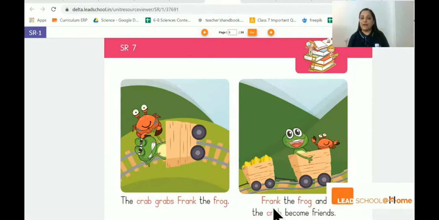Frank the frog and the crab become friends. Frank the frog and the crab become friends. Now you say the sentence once. Good.